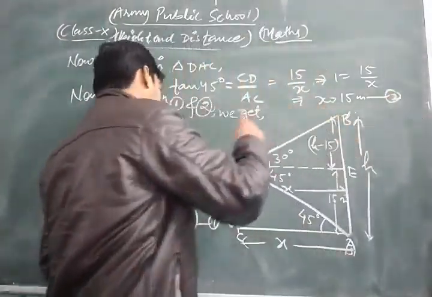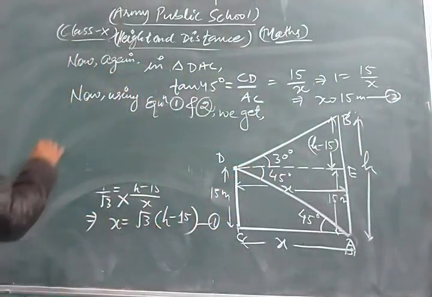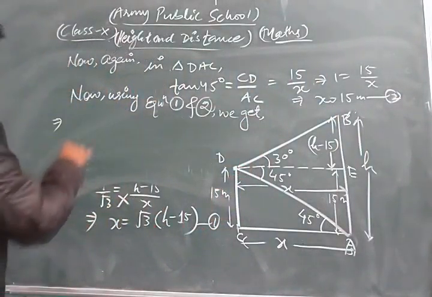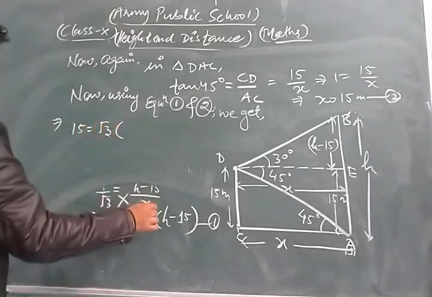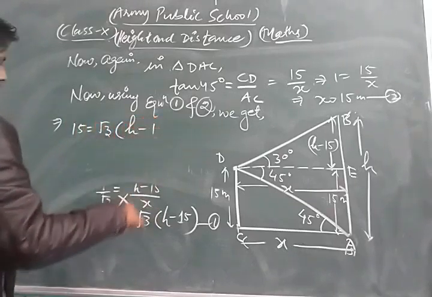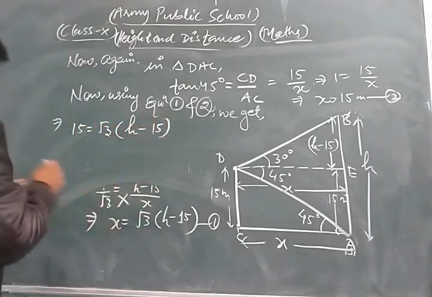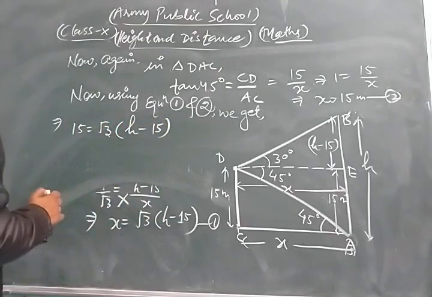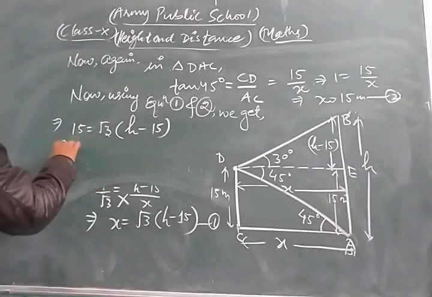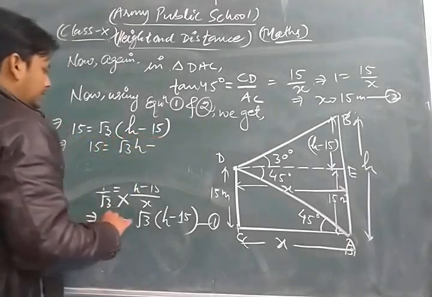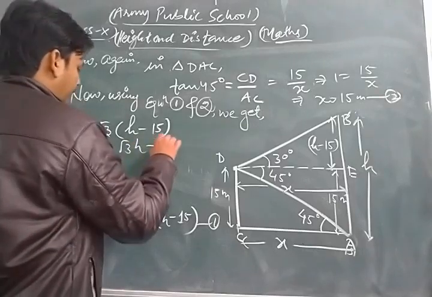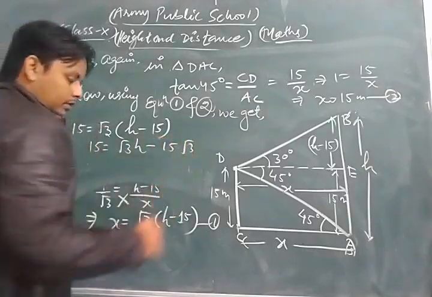Now we just put the value of X in equation first. 15 is equal to root 3 times (H minus 15). Now we simplify them. H minus 15 is equal to 15 upon root 3.